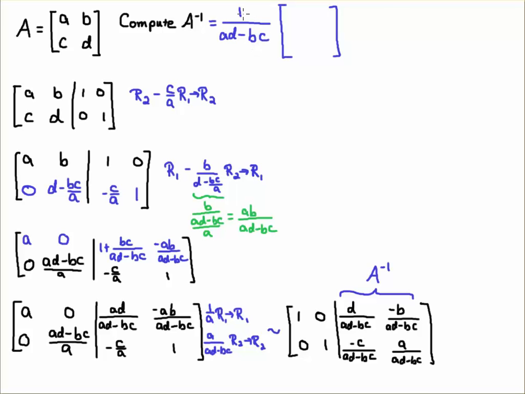Okay, so first compute the determinant, and then you'll multiply the matrix by 1 over the determinant. And then what do you put in here? Well, let me just tell you a mnemonic for remembering what these entries are. Notice that for this diagonal, AD, I'm just going to reverse those two.